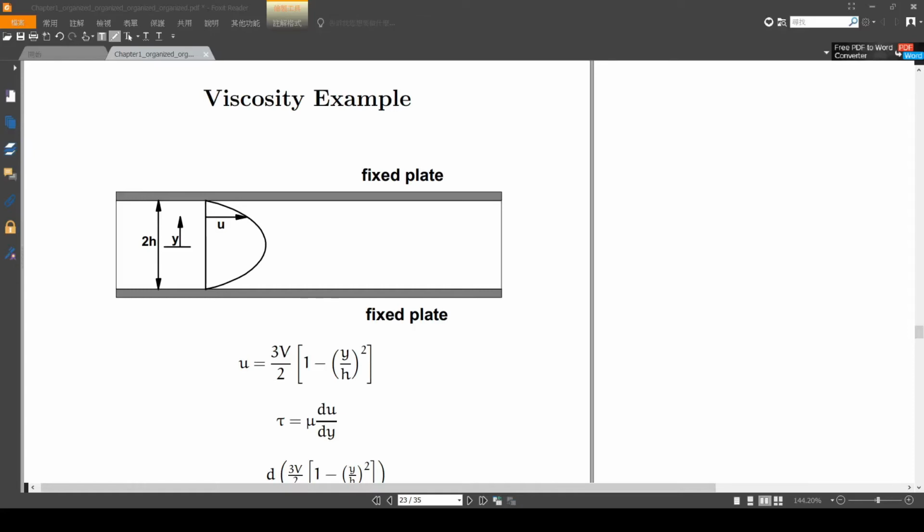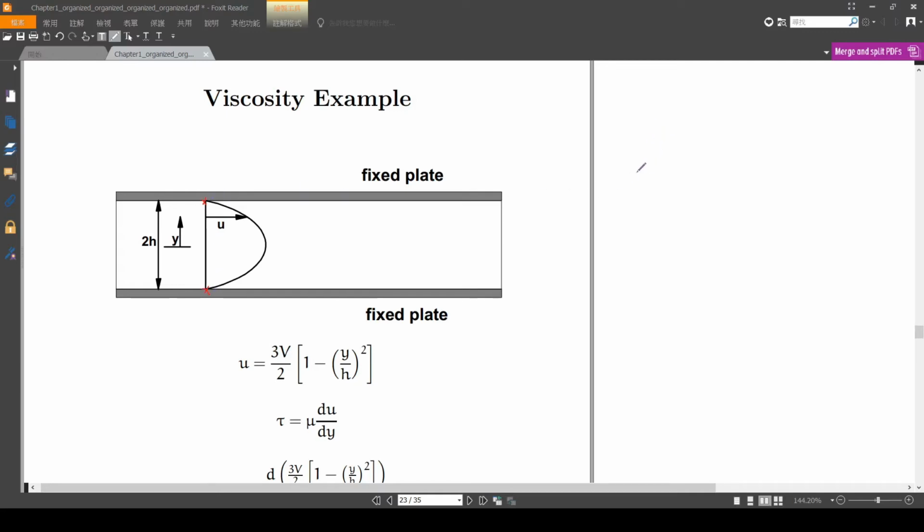Now we are talking about an example of the viscosity, and it is different from the situation we have faced before. This time the two plates are both fixed, and therefore, based on the non-slip condition, the velocity at the two plates, at the boundary, is equal to 0.